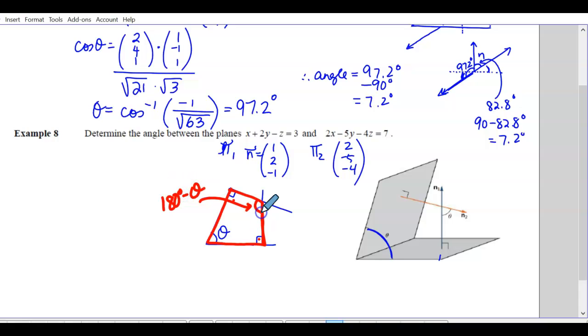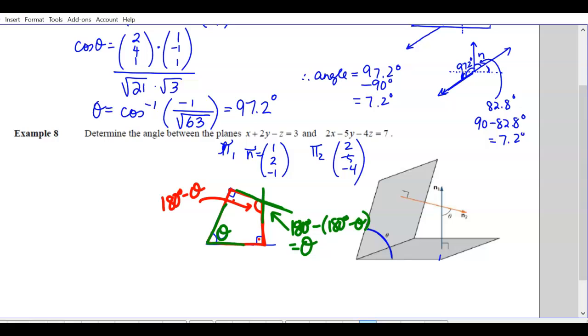If that's 180 minus theta, then this is 180 minus (180 minus theta), because that's a straight edge. When we simplify that, we get theta. So if we find the dot product, the angle between the two normals, I should say, that's going to give us the angle between the two planes.